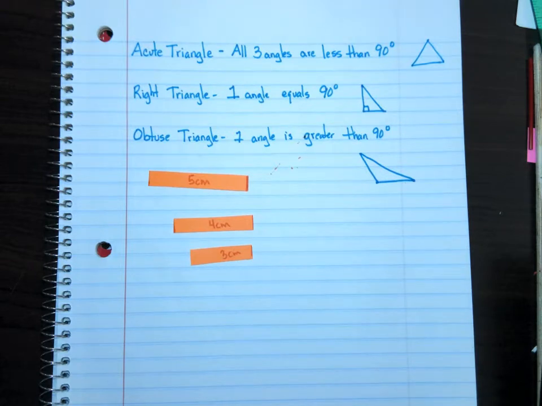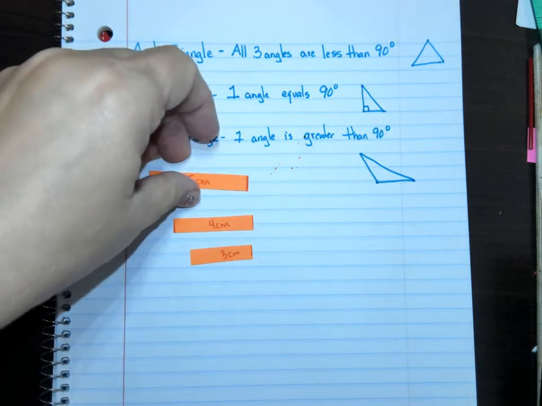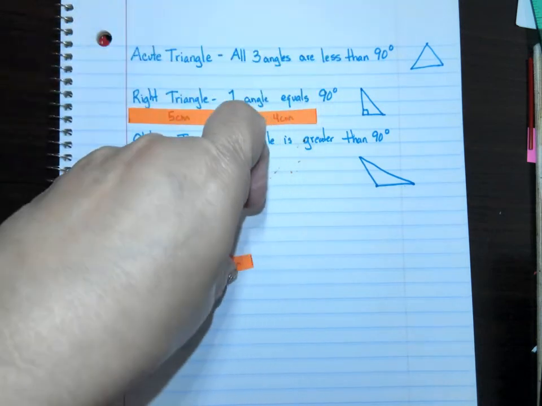Level 1, could these pieces even make a triangle? Are they going to be long enough for the corners to touch at the vertices? And then if they do make a triangle, what kind of a triangle is it? Alright? So here's these pieces 3, 4, and 5. We're going to do that as an example. And then I'll actually build with them.